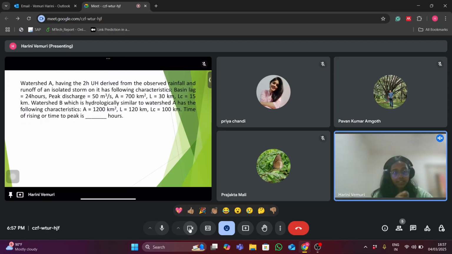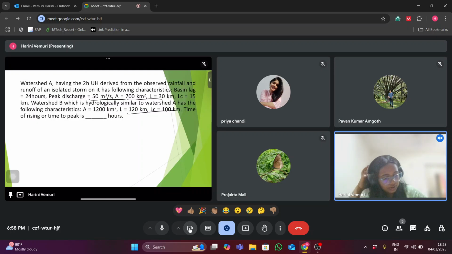So the next question is, watershed A having the 2-hour unit hydrograph derived from observed rainfall and runoff of an isolated storm has the following characteristics. These are the characteristics that they have given, and watershed B, which is hydrologically similar to watershed A, has the following characteristics.